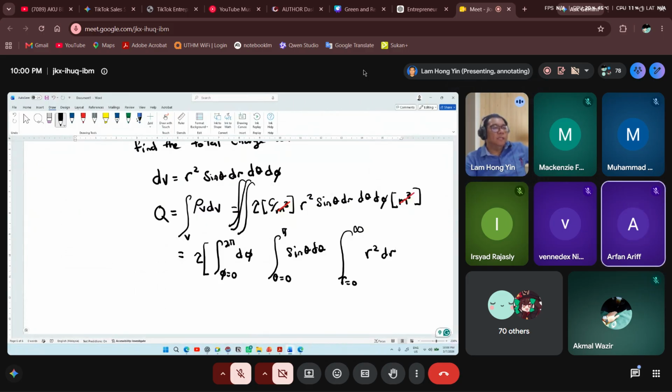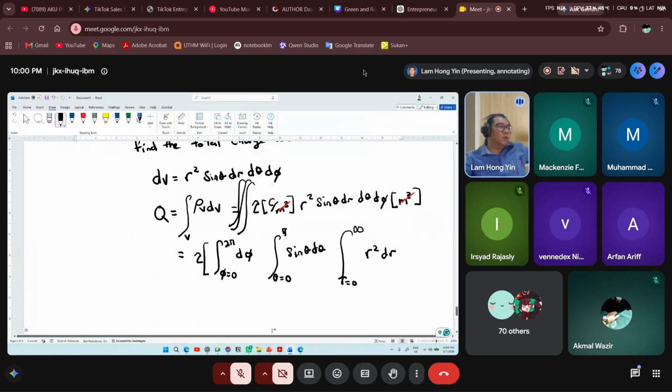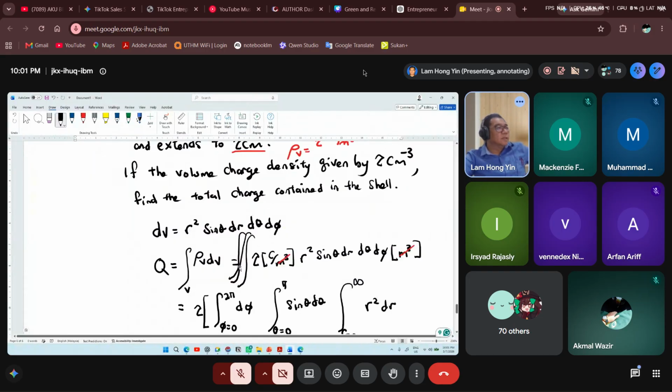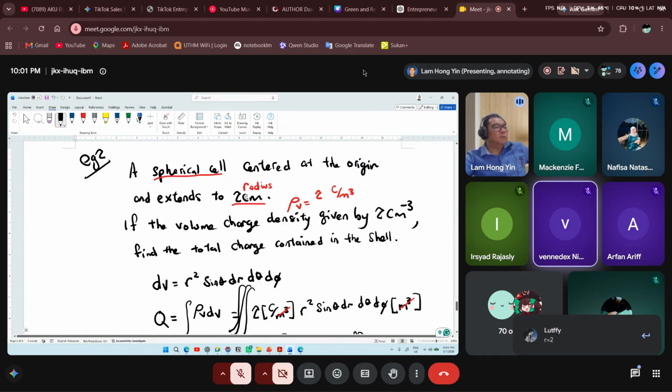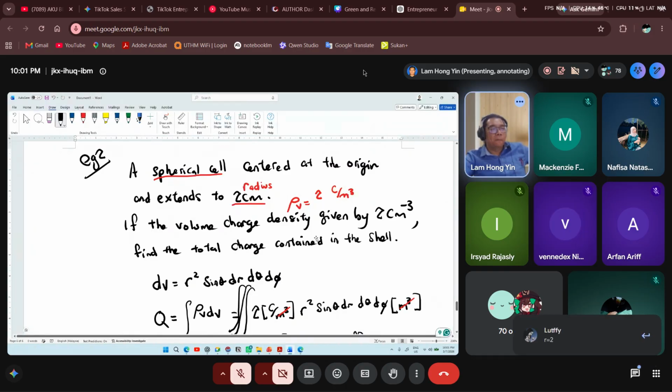What do we mean by infinity? It means your radius is infinitely large, right? But does the question mention the radius is infinitely large? No. If you read it back, the radius is up to 2 centimeter only.